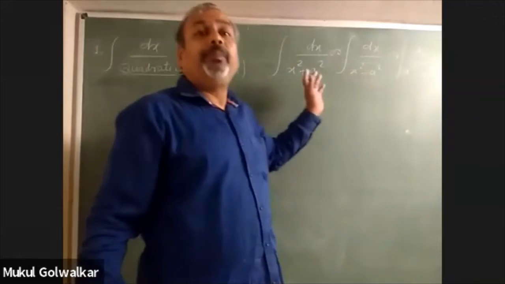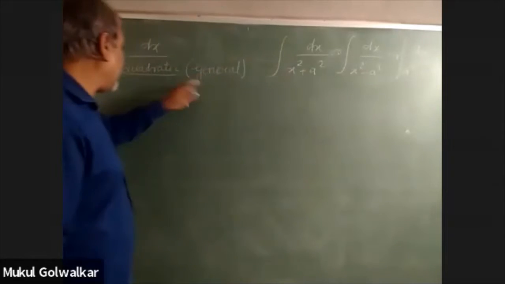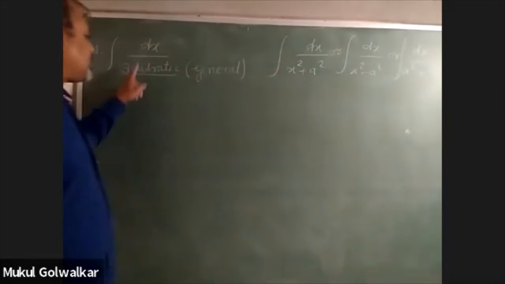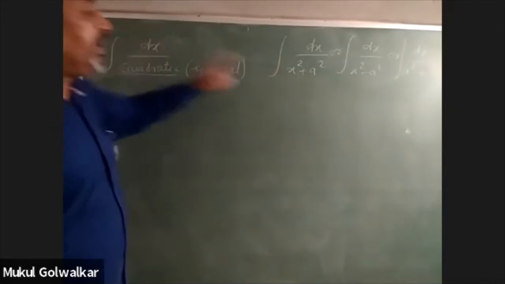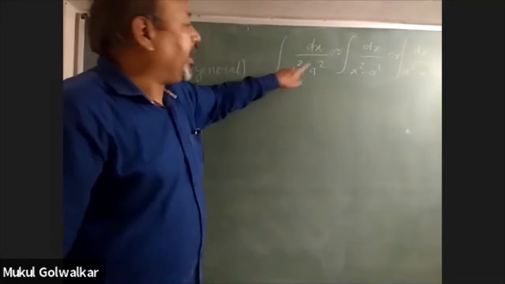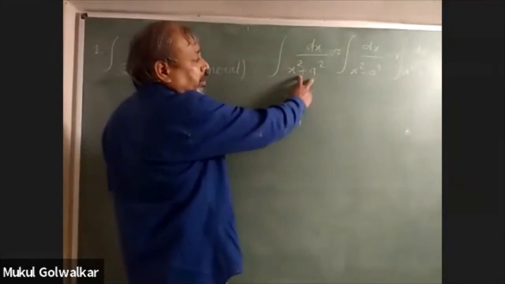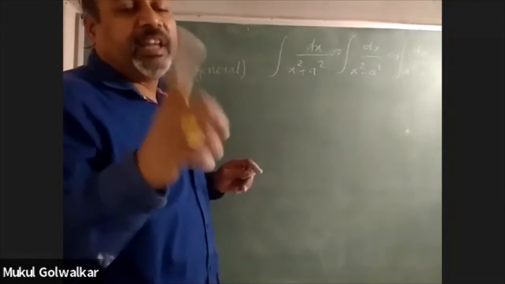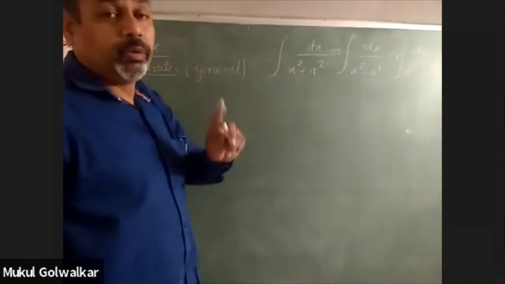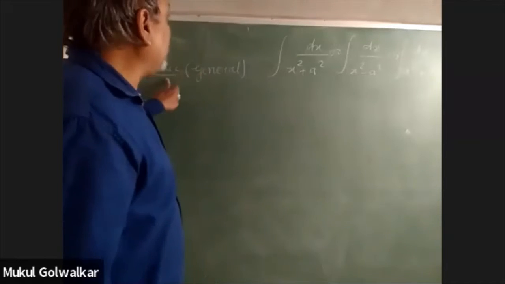What is the difference between pure quadratic and general quadratic? In the pure quadratic, we have the degree 2 term containing the variable, and a constant term. In the general quadratic, apart from these two terms, one more term of degree 1, containing the variable to the power 1, is included. Such expressions are called general quadratic.